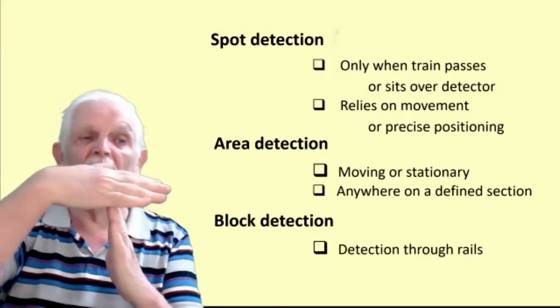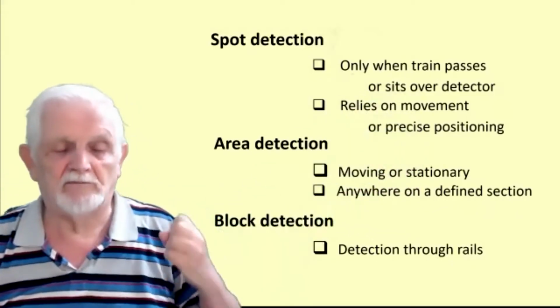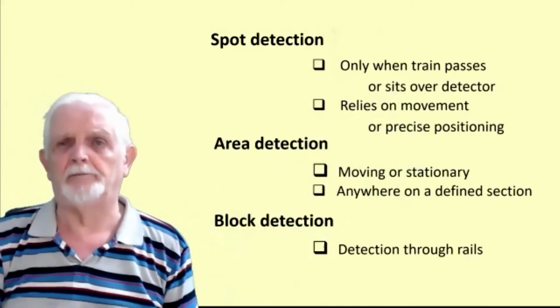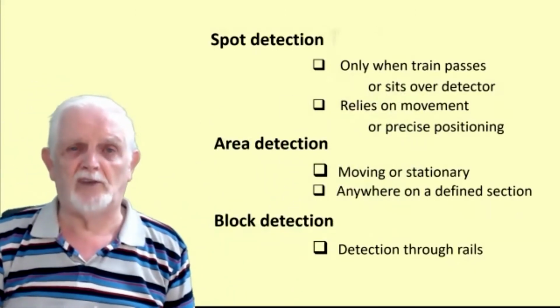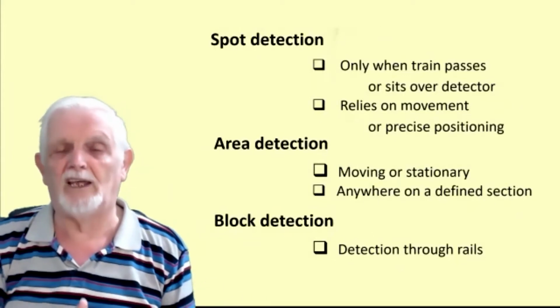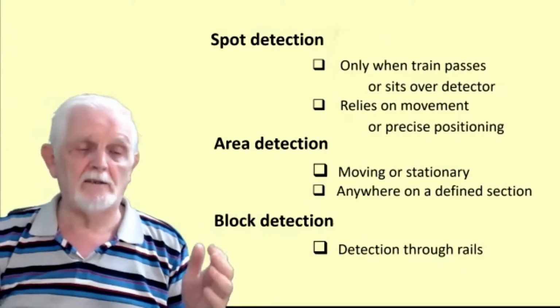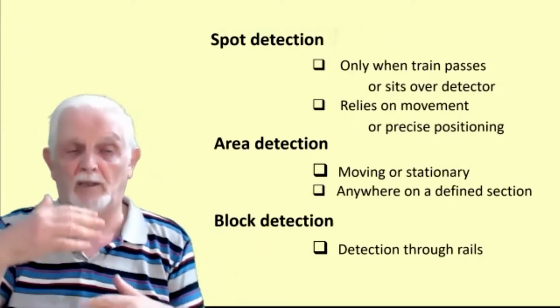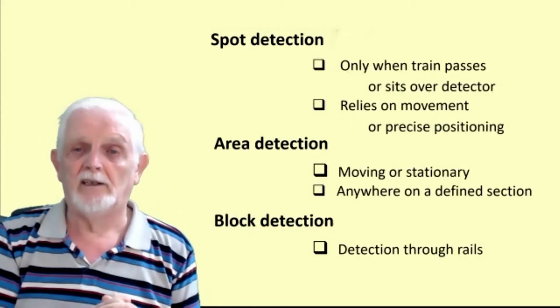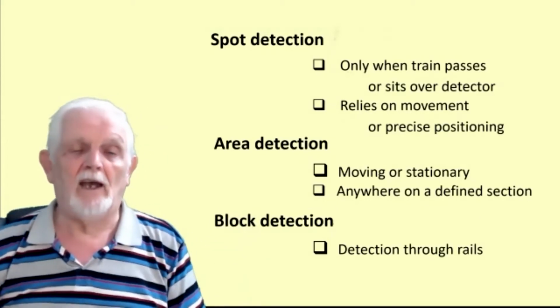As it passes by, it triggers something to maybe change signals or change points or whatever. So that's spot detection. Aerial detection is over, as it implies, a wider area. If it's a wider area, you can be moving through that area or you can be stationary in that area. You can be anywhere in that one defined area and it will know you're there.